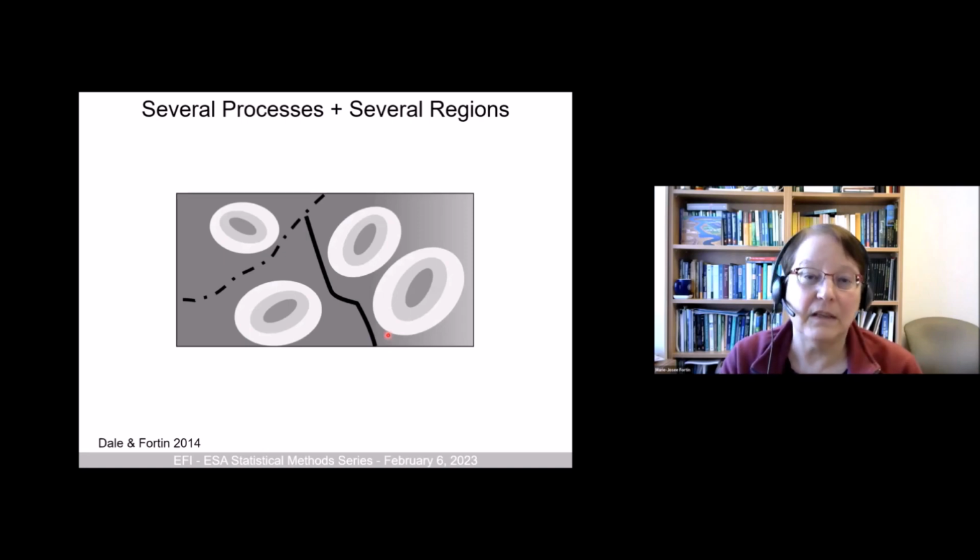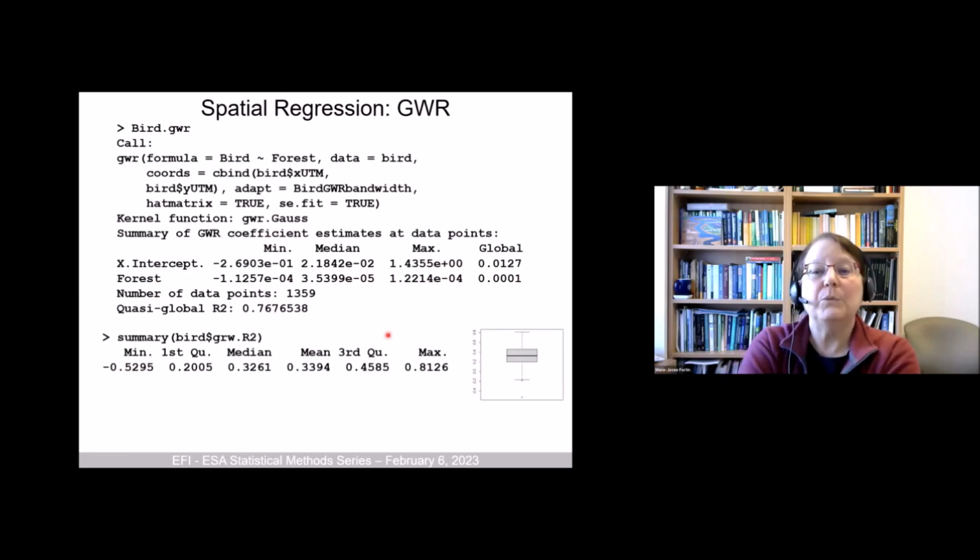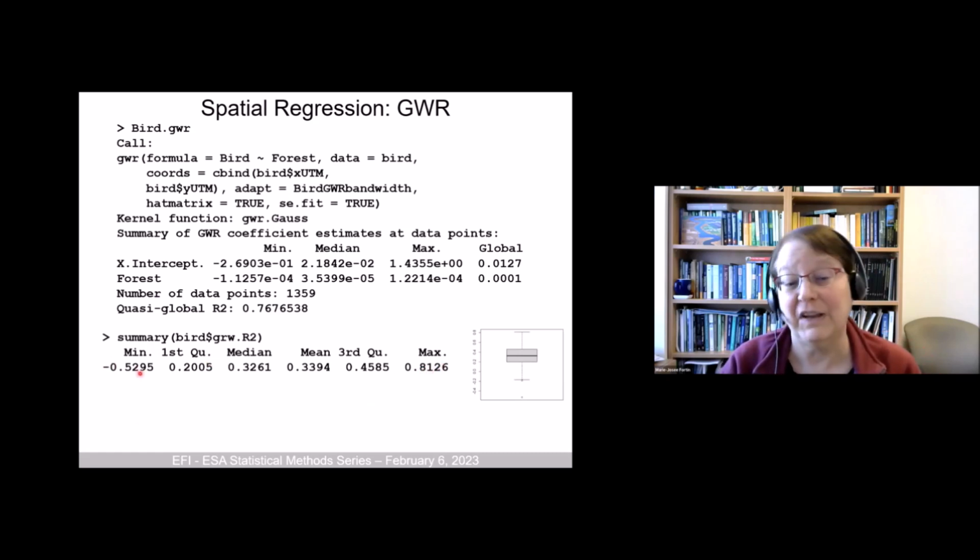So then with the several scales and several regions, when we use the double GWR, you need to realize that you will have what they call the quasi-global R square. That's the value for the entire region, but there's a range of values from 0.81 to a minus value, which is very discouraging.